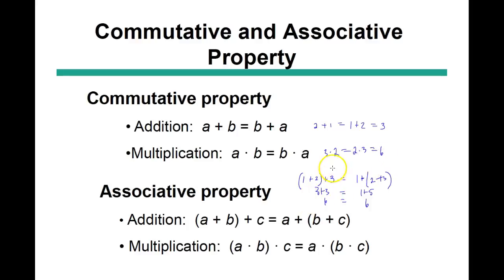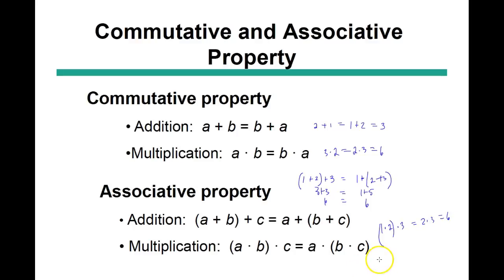Of course, with the associative property, we already saw one with addition. For multiplication, we would say that 1 times 2, and if we did that together first and then multiplied by 3, of course, that would end up being 6.